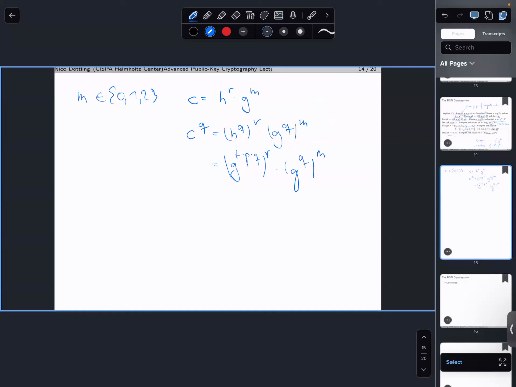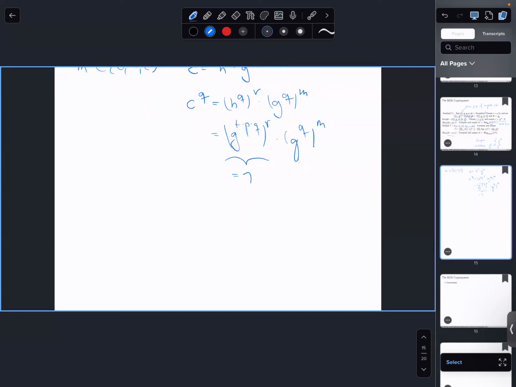And g to the t times p times Q, what's that? p times Q is N. What happens if we raise a group element to the group order? Group identity. Exactly. This is 1. That's a very simple consequence of Lagrange's theorem, right? I think I said that numerous times, but now C to the Q is just g to the Q to the m, right?